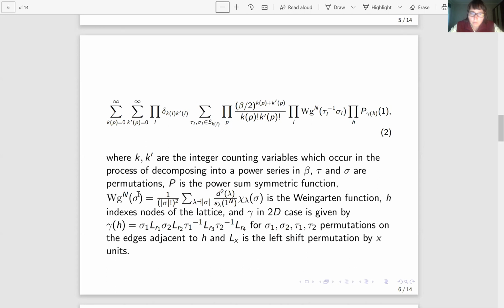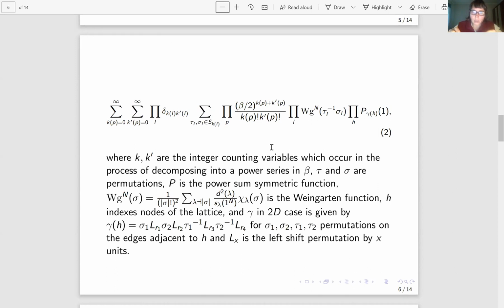So we have this Weingarten function, where n is the n in the U(n) gauge theory, the size of the group for the gauge theory. So it's Weingarten n of sigma, where sigma is a permutation. In this sum, sigma and tau are permutations. Where permutations come from is that when we expand these integrals into series, we expand these matrices into matrix coefficients and group them together.